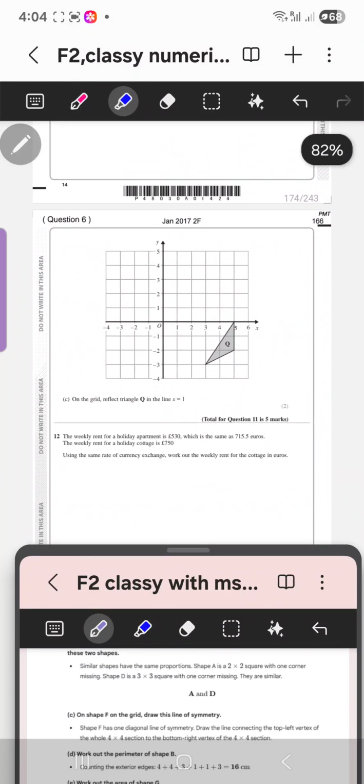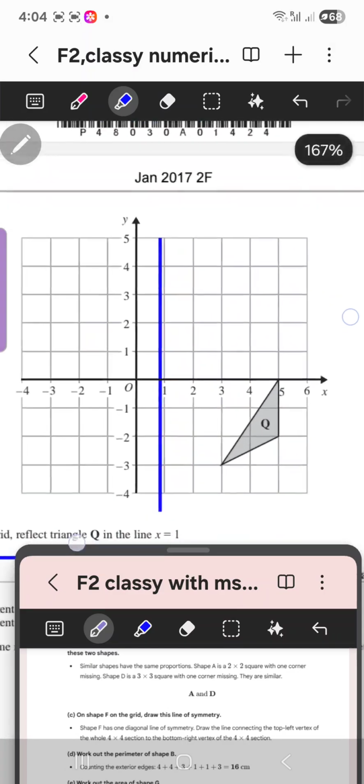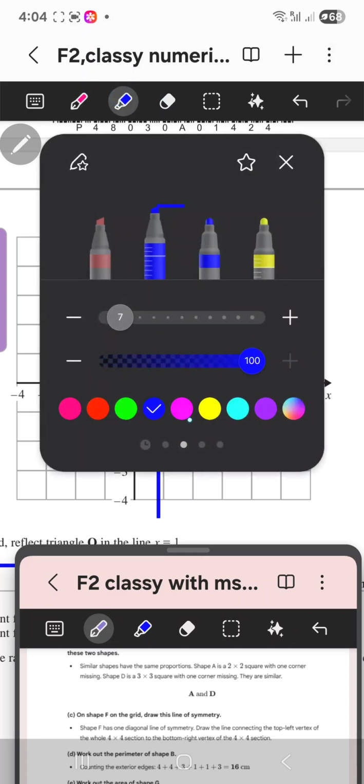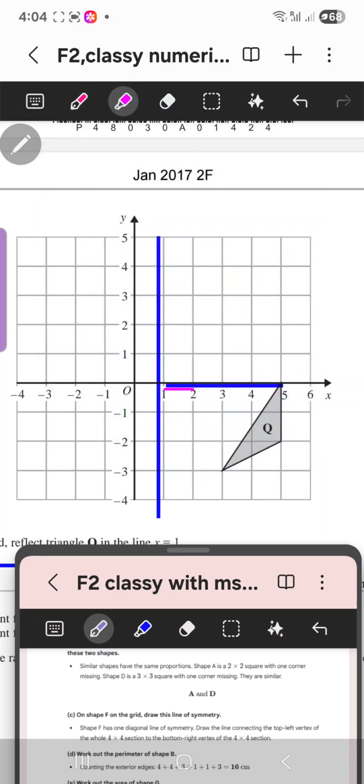Okay, and here in this question on the grid, reflection: reflected in x equal to 1. x equal to 1 is a vertical line, and the easiest way to reflect is just to get here 1 2 3 4 to the vertical line, the reflected line, and we move another 4, 1 2 3 4, and mark x.